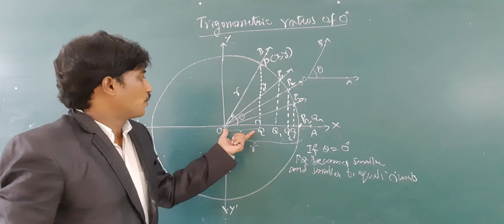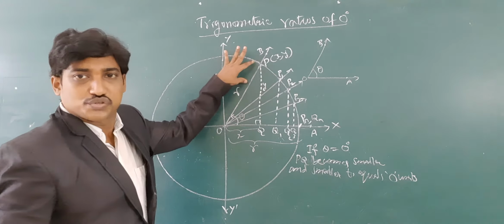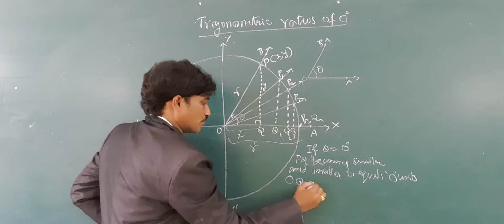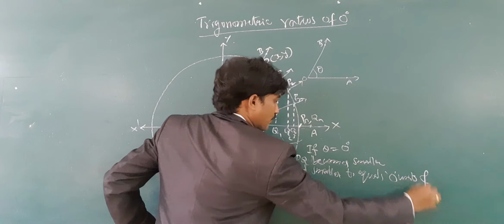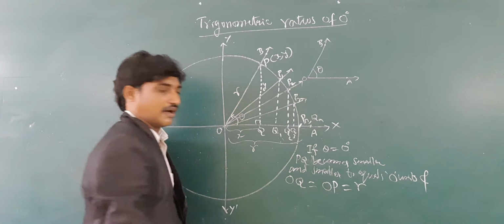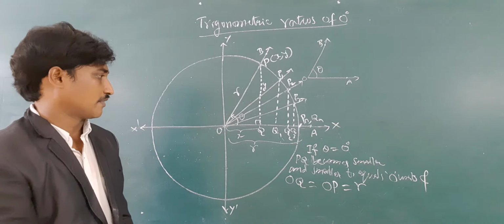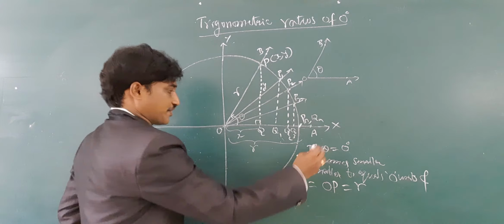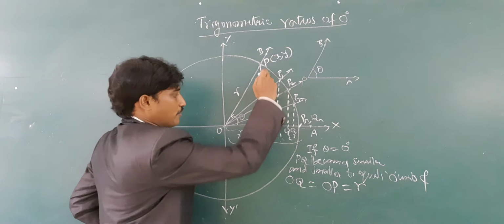And OQ equals OP, that is nothing but R. Finally, if theta is equal to 0, PQ became 0.